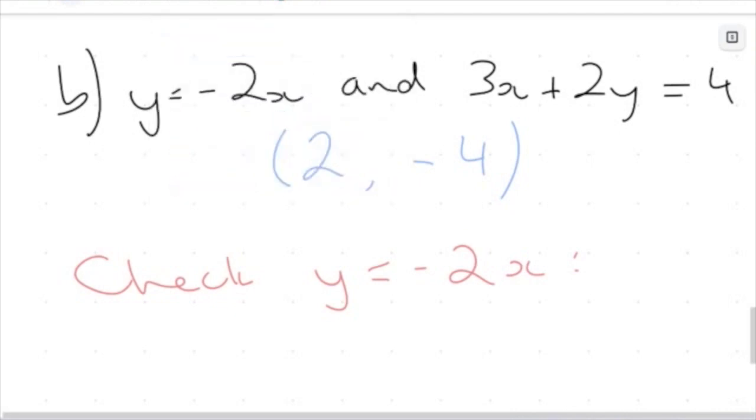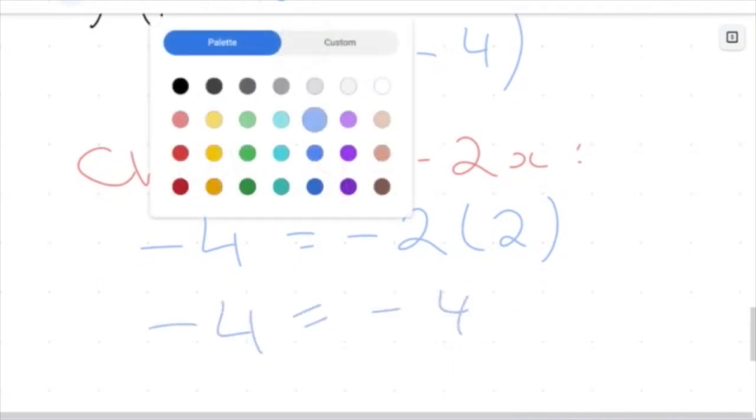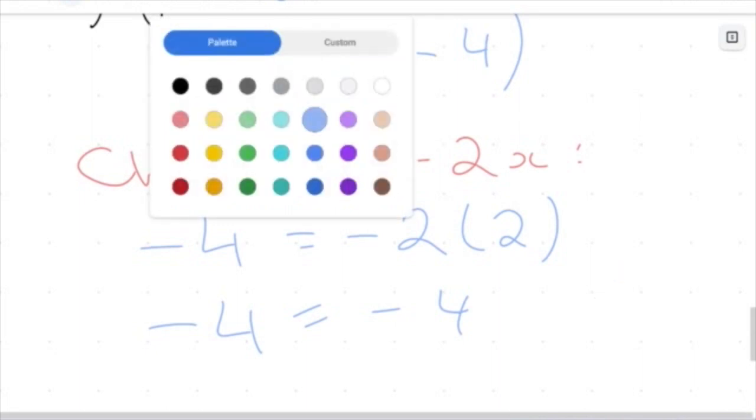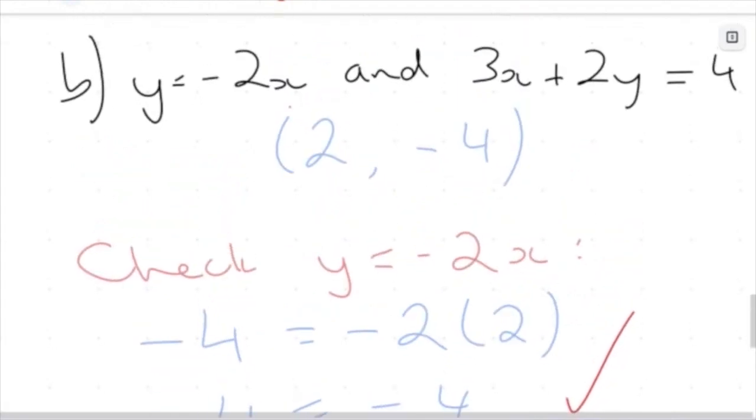Cool. So my -4 goes in my y, and my 2 gets substituted for my x. So -2 times 2. Now, -2 times 2 gives me -4. So this point, 2, -4, lies on the line y equals -2x.